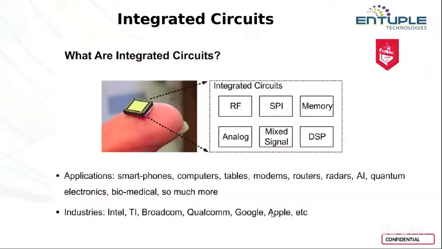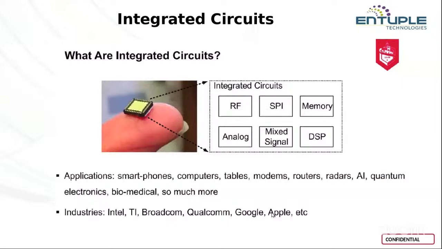Wherever you take any part of electronic gadgets, we can see the ICs, like smartphones, computers, tablets, modems, routers, and now AI, right? AI requires a huge number of processors, so it is completely controlled by the ICs only.